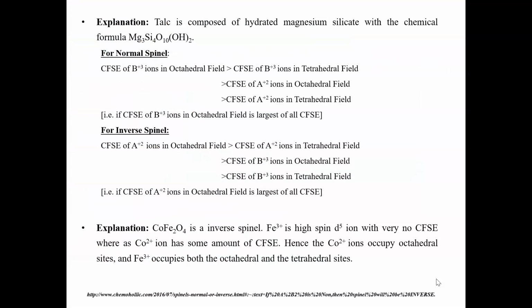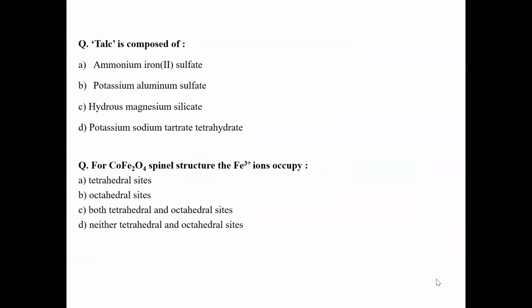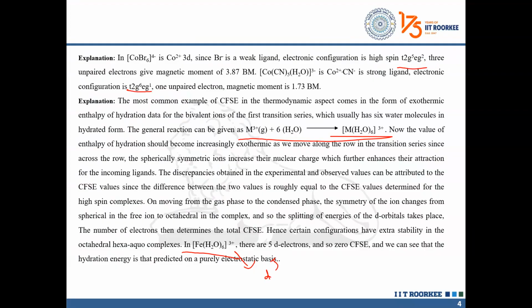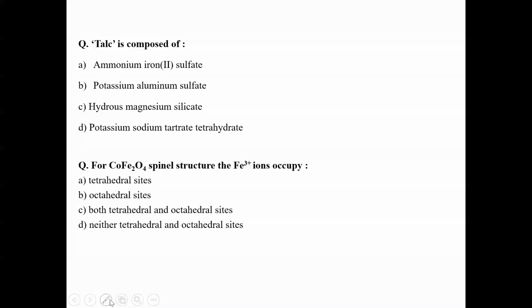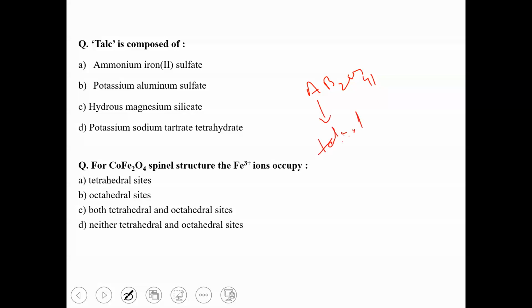So basically, in case of normal spinel, this will occupy tetrahedral voids, okay, and these two occupy octahedral voids, right?